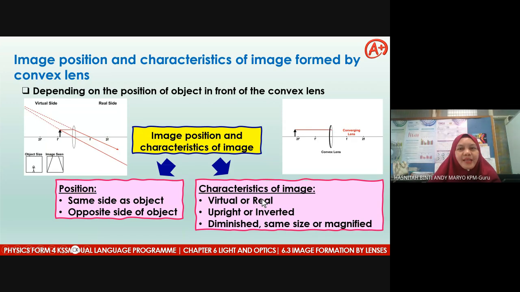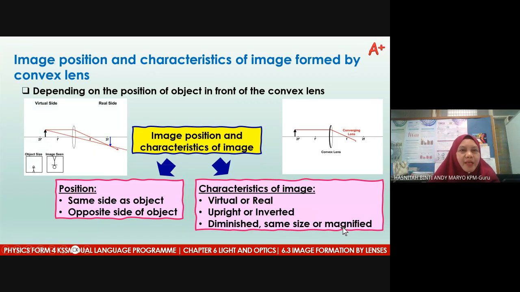Then the second characteristic: the image can be either upright or inverted. See now the image is upright. Object above, image also above. Now this one is inverted. Object above but image formed below. The third characteristic is about the size of the image. This one shows the image is bigger than the object, so we call it magnified.